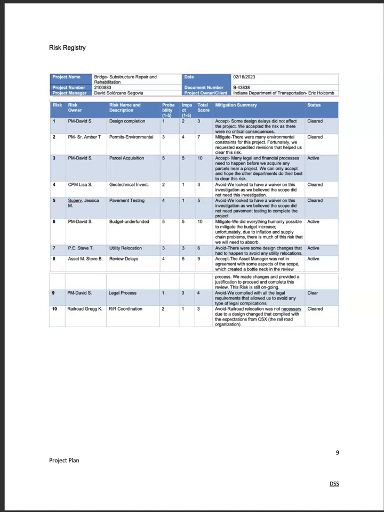We as project managers don't have much control, but we can at least anticipate and mitigate problems if necessary, or even avoid them. I have selected some of the risks, who are the owners of the risk, and also the probability, the impact, and also ways to mitigate these types of risks.